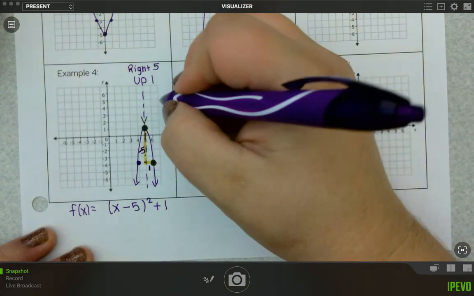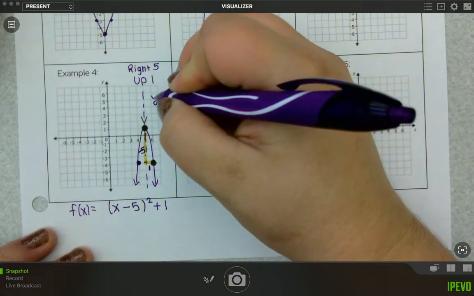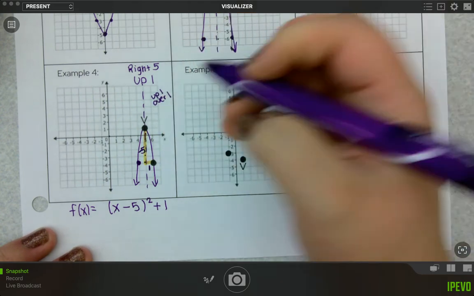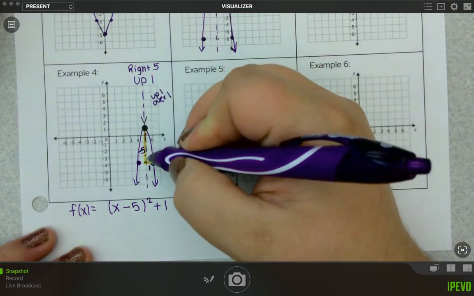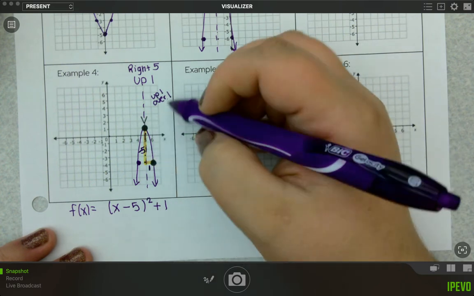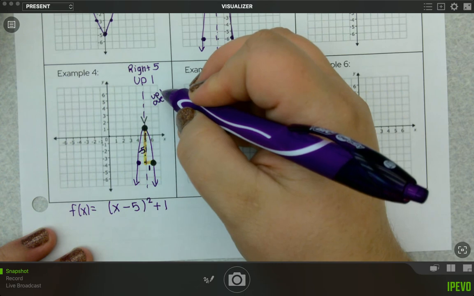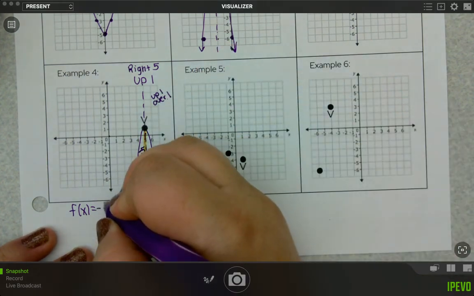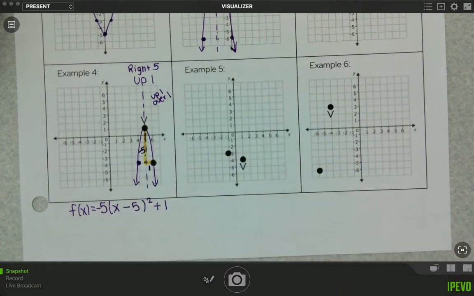It is supposed to go up 1, over 1. But now it's going down 5 over 1. So the over 1 isn't going to change. We just have to figure out what do we multiply this up by to get to negative 5? Well, it's just negative 5. That one's a little simpler and more straightforward. The next one's going to be a fraction, and it requires a little bit more thinking.